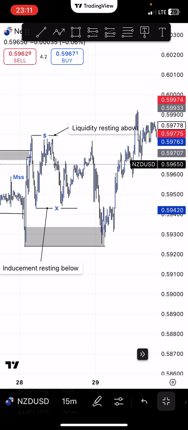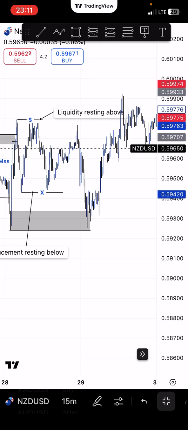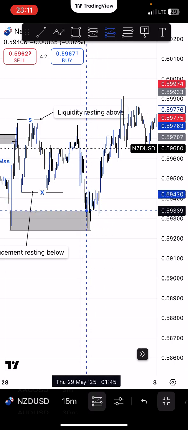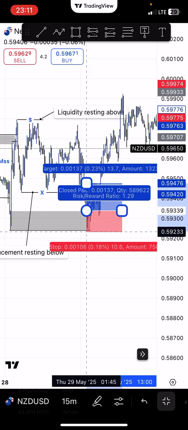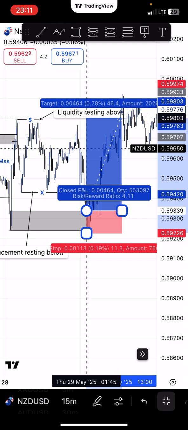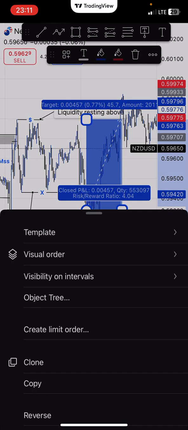The market is going to take out the inducement, come down to that order block, which is very much protected and very much valid, and then push upwards to sweep the liquidity resting above. Most people would take their entry from here, stop loss below the order block, and TP to the recent high, which is actually a very good profit.